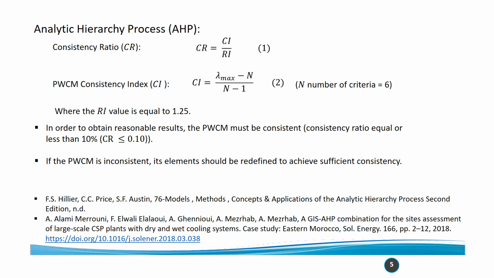Therefore, we have to test its consistency by calculating the corresponding consistency ratio that can be evaluated using equation 1, which involves the consistency index that should be evaluated through equation 2. The parameter n represents the number of criteria, and lambda max is a parameter that should be carefully estimated. The parameter lambda max is evaluated through different steps.